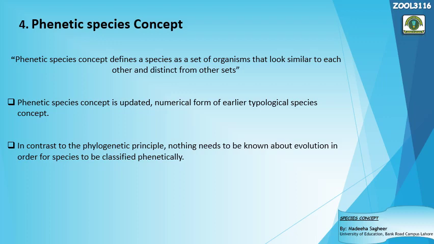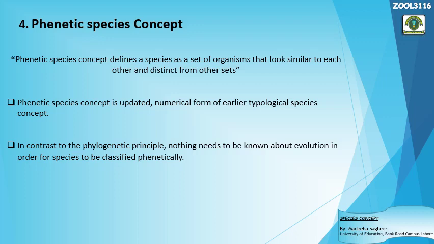And it uses statistics to tell how much similarity two organisms have in their characters and how far they are from other organisms on the basis of dissimilarity in the characters. So it is the numerical form of the topological species concept.